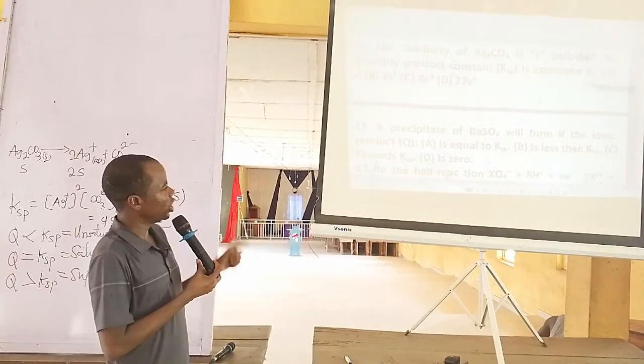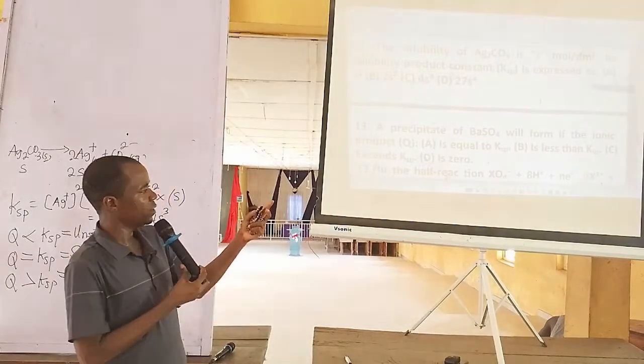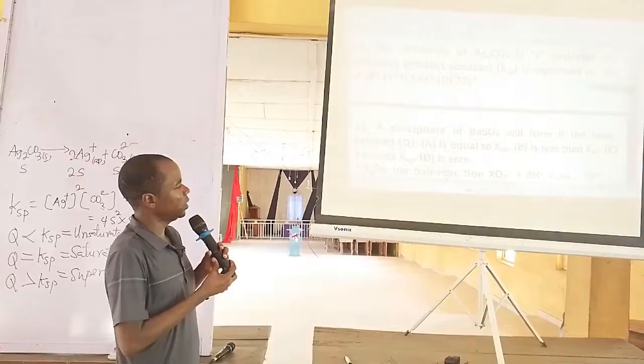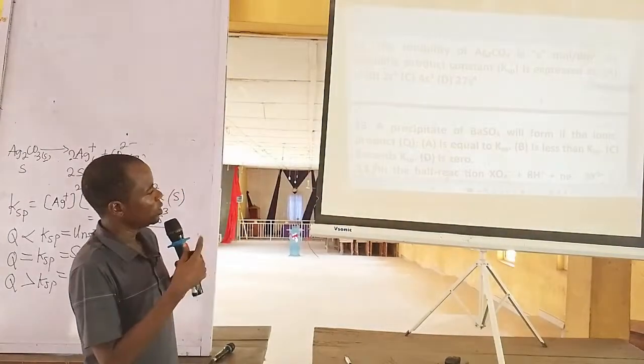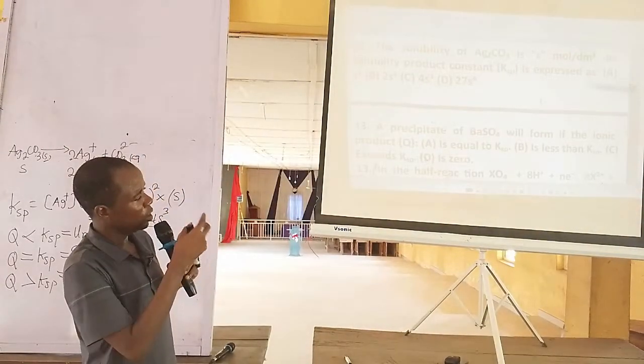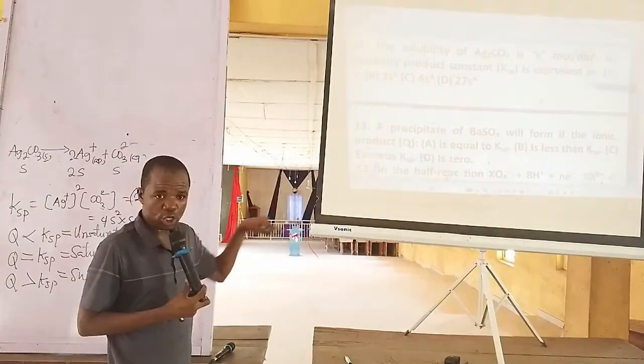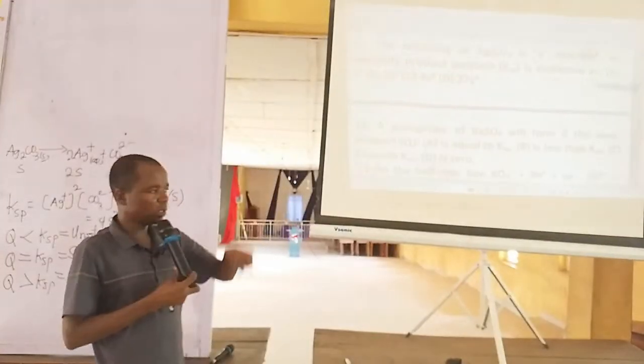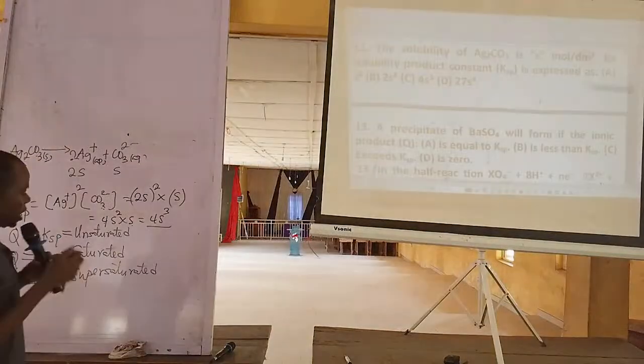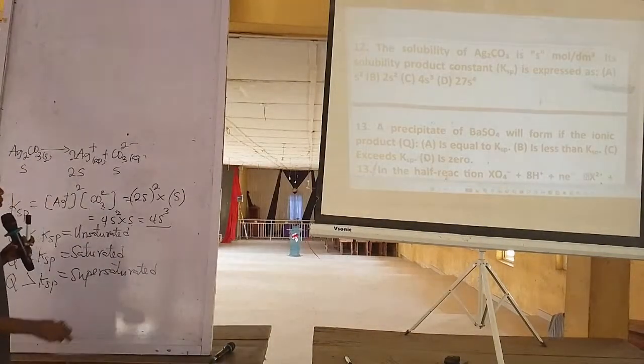In the reaction, you can see XO4 minus plus H plus to give this, and that particular question mark is supposed to be an arrow pointing to the reactant and to the product side.